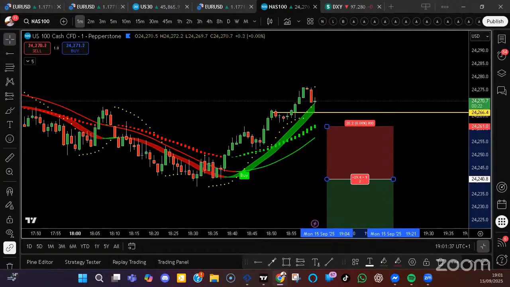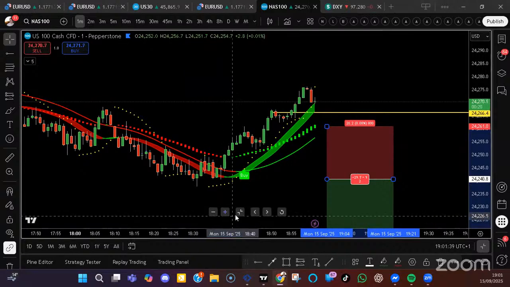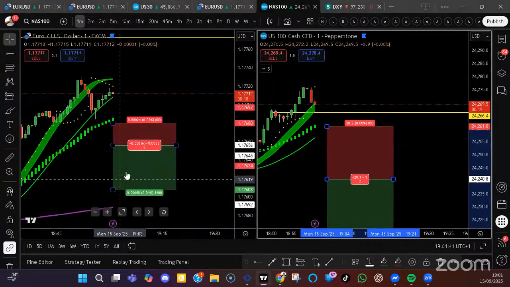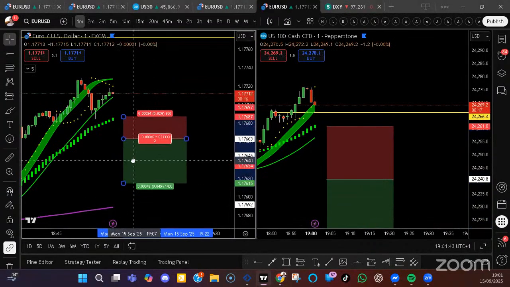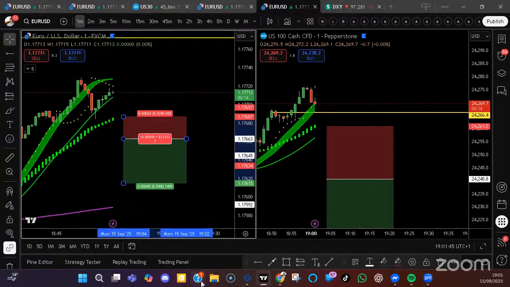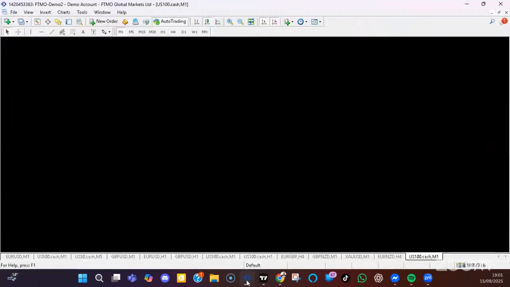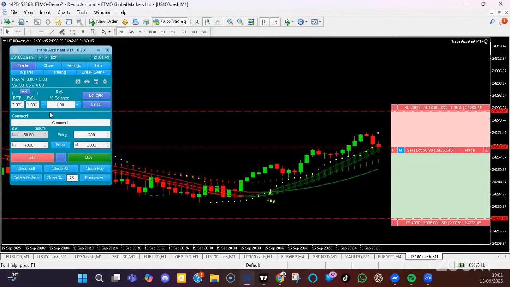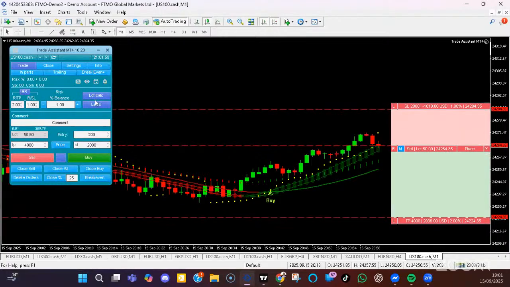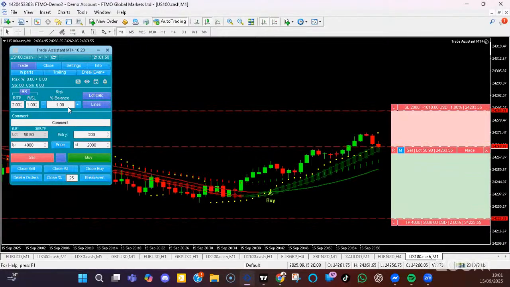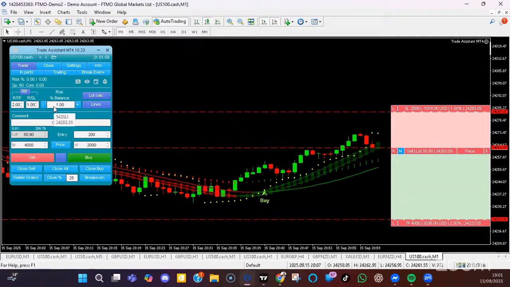But we got them both here, so we can check them out. While we do that, let's have a look at your MC4. Make sure you've got your risk to reward in purple, your lot calc in purple, and you've got that all important 1% for your risk.